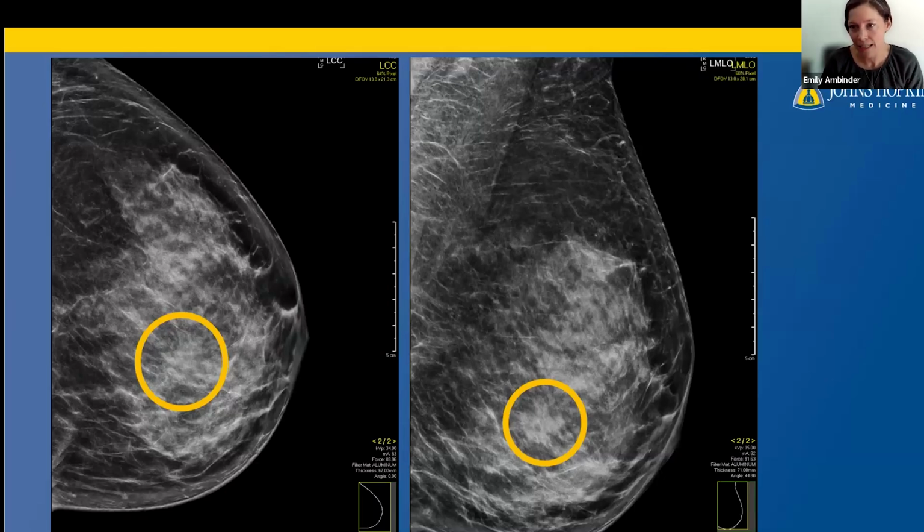The not dense being the almost entirely fatty and scattered fibroglandular density group, dense being the heterogeneously dense and extremely dense group. So you could be either. We see about 45% of patients are in one of those two groups. In the lay letter, it doesn't necessarily include which of those two groups you fall into. That's not required. The letters that we send from Johns Hopkins, we do include which specific group you fall into.